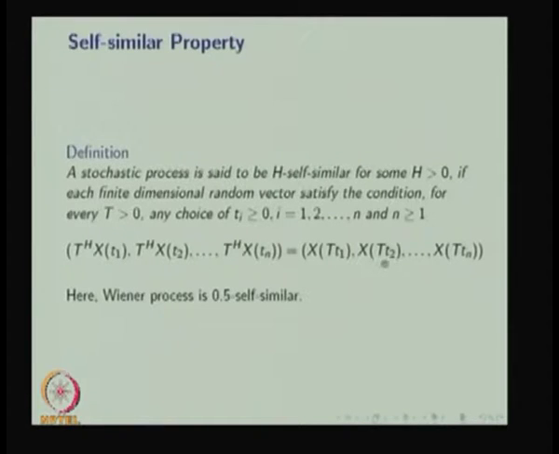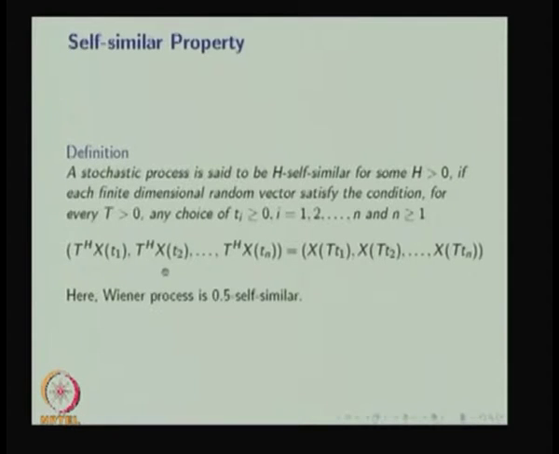So if the joint distribution at t to the power H times t1 for the random variable X, t to the power H times t2 for the second random variable, and so on, is the same as the joint distribution of this form, then we say it is H self-similar for some H, for every t greater than 0.